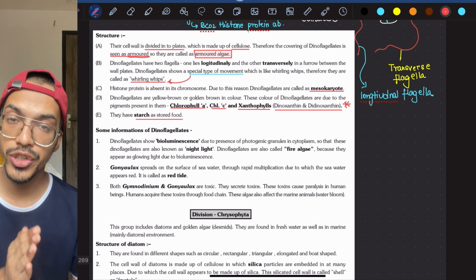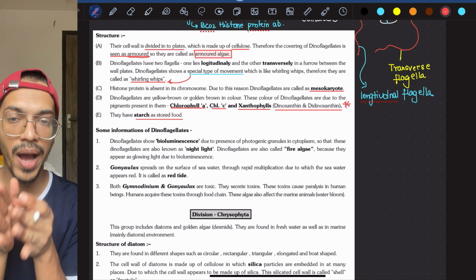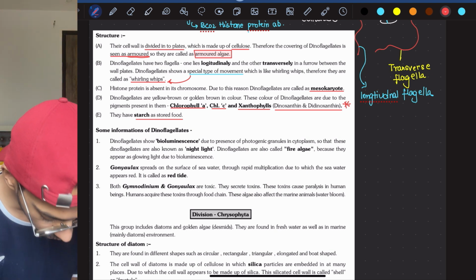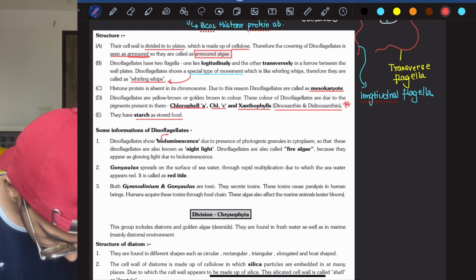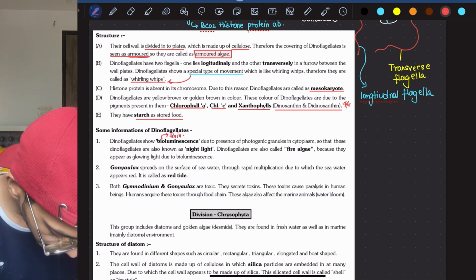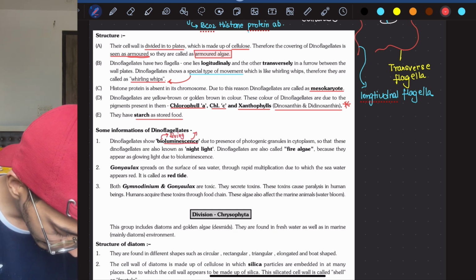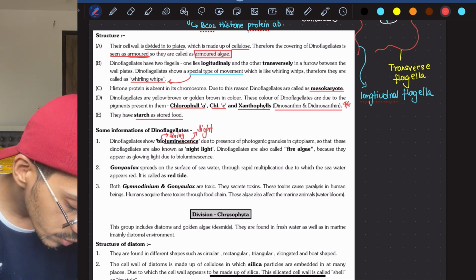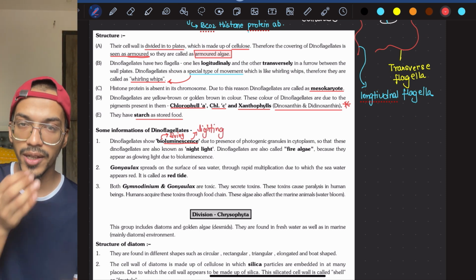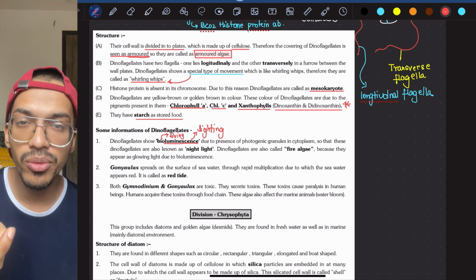The dinoflagellates show bioluminescence. Bio means living, luminescence means lighting. Certain organisms show lights in the dark, like the firefly you might have studied.